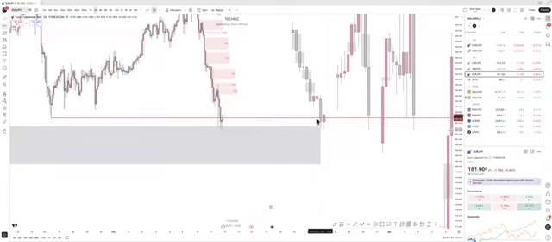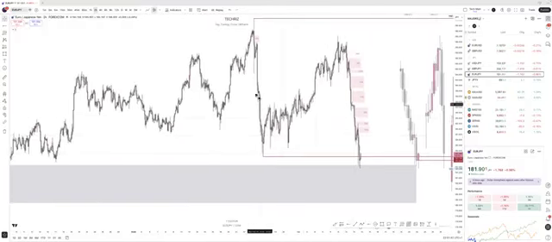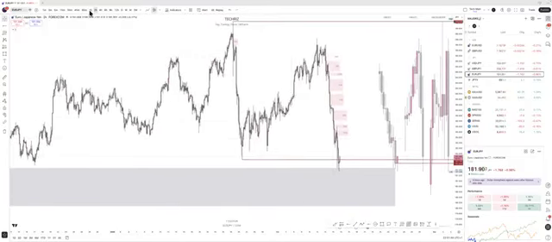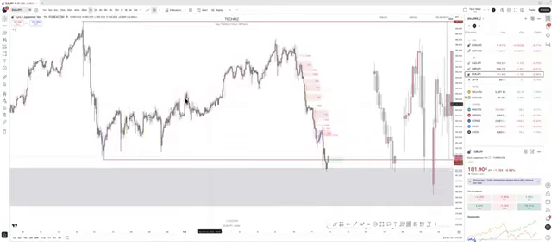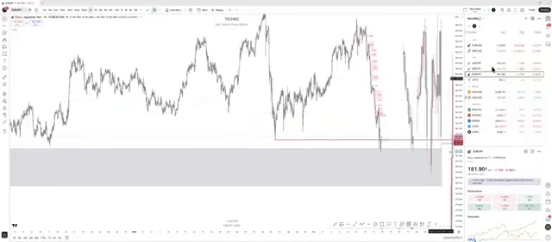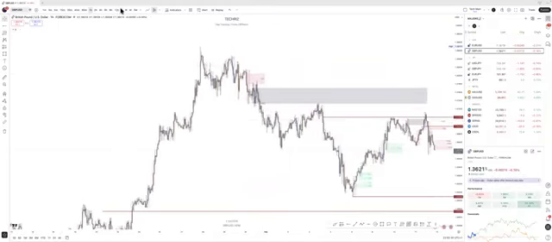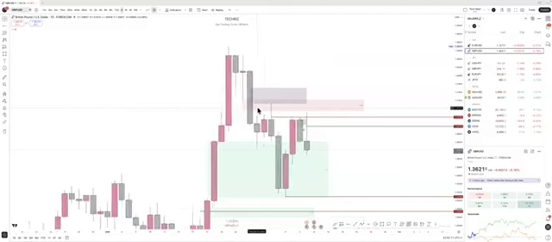Normally I would just put an entry here and buy on the tweezer, but I would have to confirm. Okay, wow. Interesting. Anyways, now let's take a look at GBP USD.